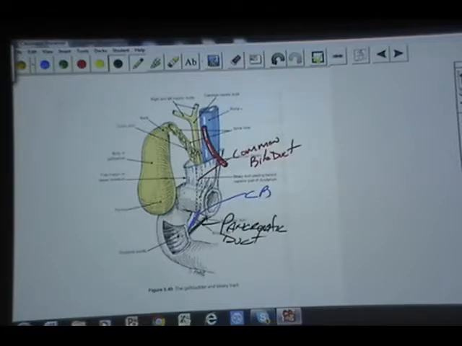Okay, so this is one of the most confusing things for students in anatomy, okay? When these two come into the outside of the duodenum, they form a kind of triangular tissue lump, okay? And this looked to the scientists, they said it's ampular shaped.